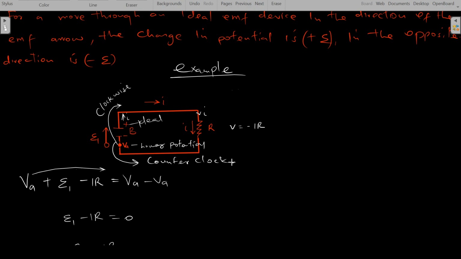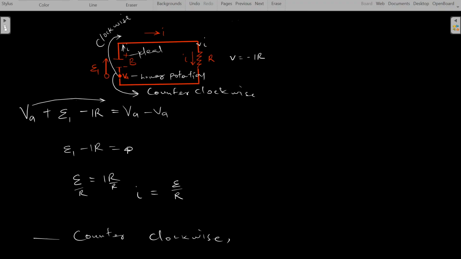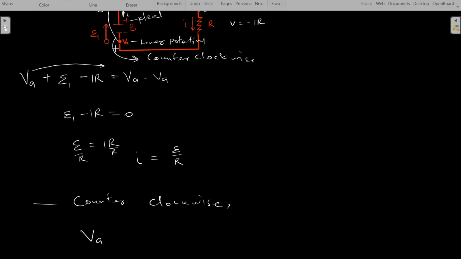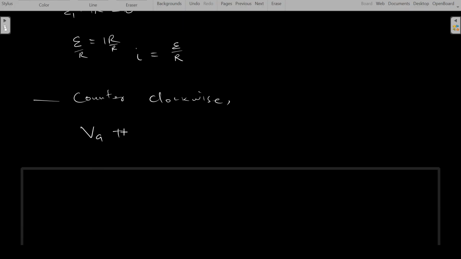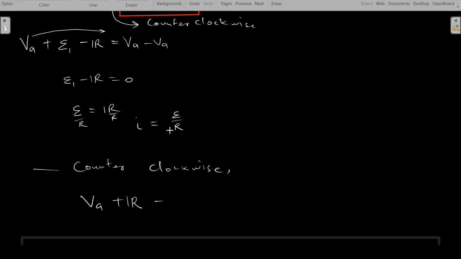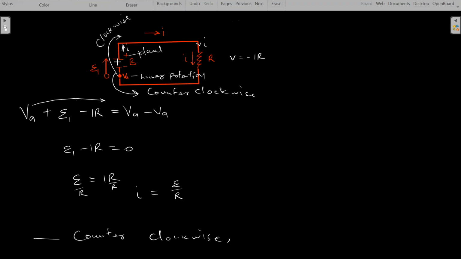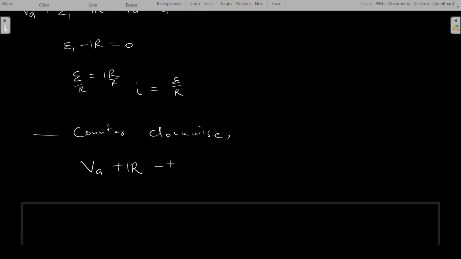If we go in the counterclockwise direction, along the wires we don't have any change in potential. The current is going against the resistance, so we should get a positive IR. The current is against the EMF arrow, so it should be negative E1. Remember, this should be epsilon.